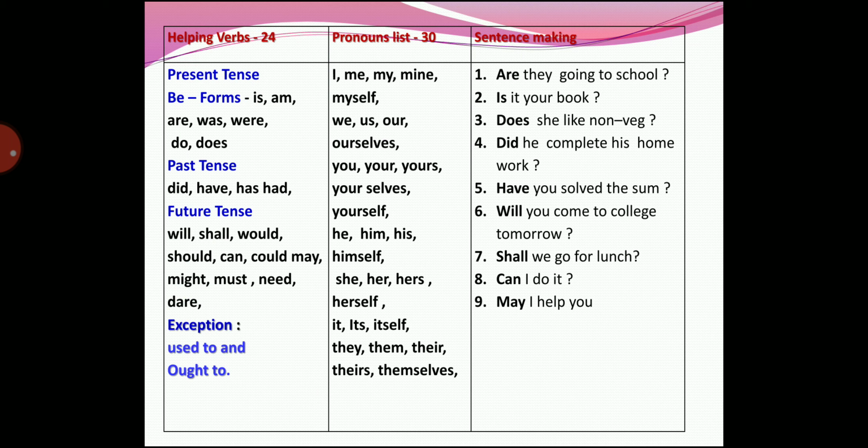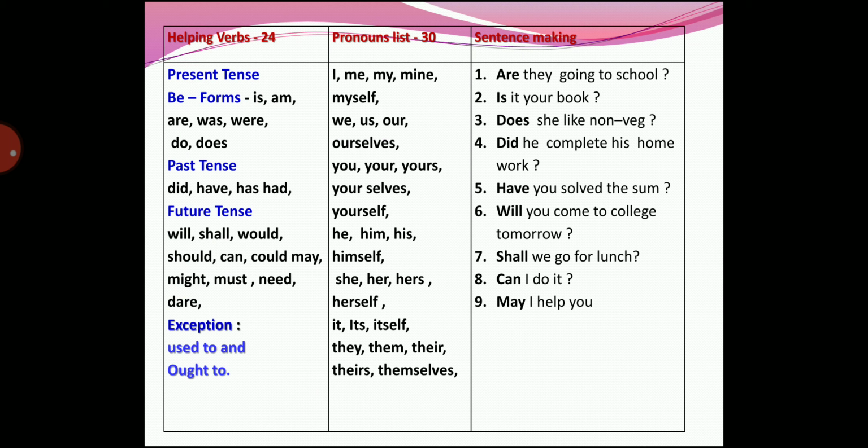So these are all mixed. Be forms: is, am, are, was, were. Do forms: do, does, did. Have forms: have, has, had. Future and others: will, would, shall, should, can, could, may, might, must, need, dare. And exceptions: used to, has to, have to cannot be used as interrogatives. That is the exception. I have given these in blue letters.